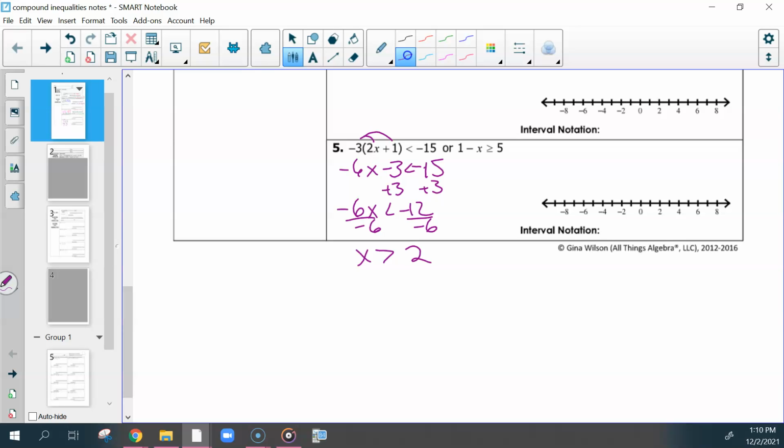And then we could solve the other side. Bring down your or. On this side, we would be subtracting 1 on both sides, and dividing everything by -1. So again, our sign is going to change direction.